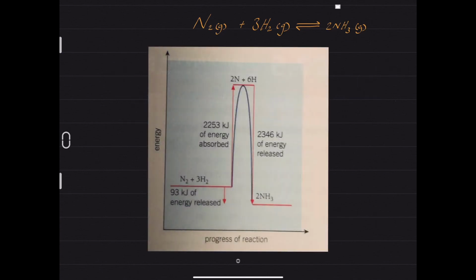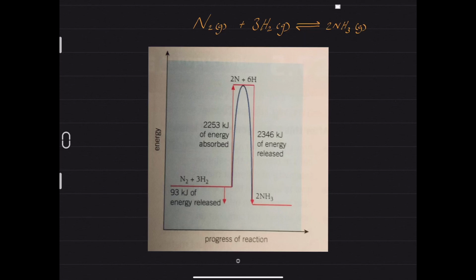Now, if you had to see this in terms of an energy and progress of reaction graph, you can see here how the energy being absorbed to break the bonds and energy being released to form the products can be graphically shown on your energy profile diagram.